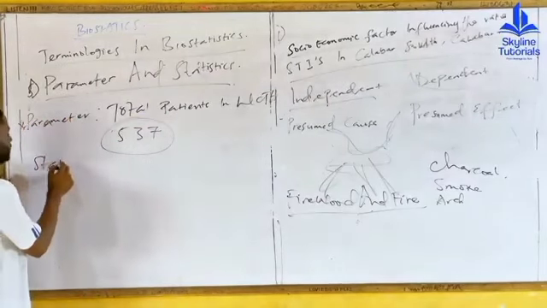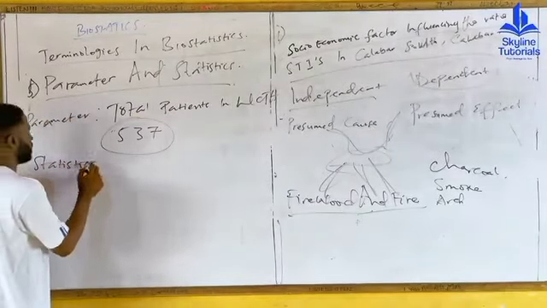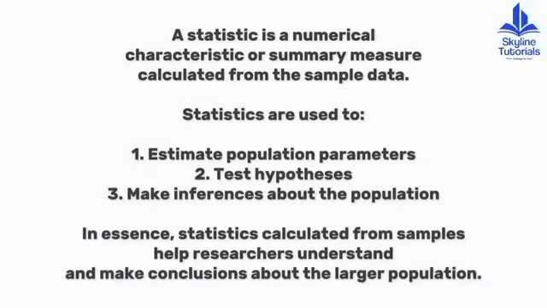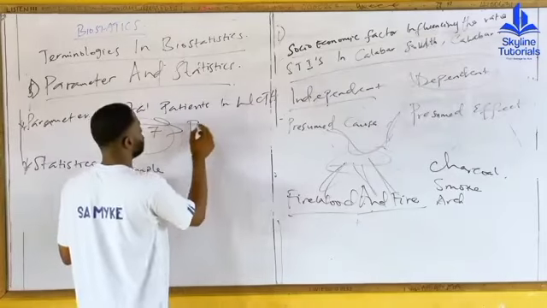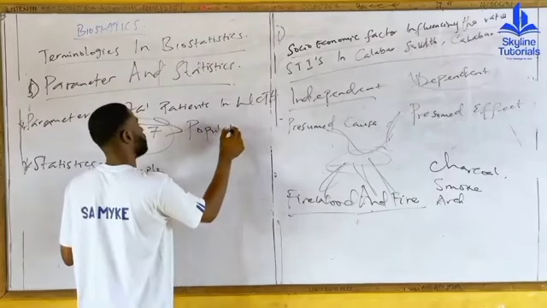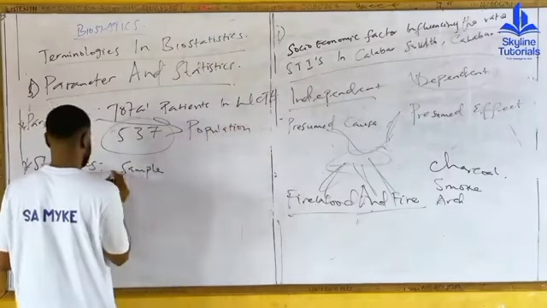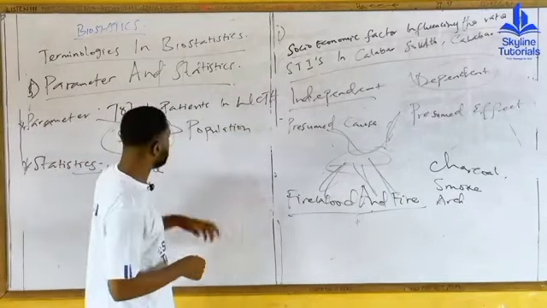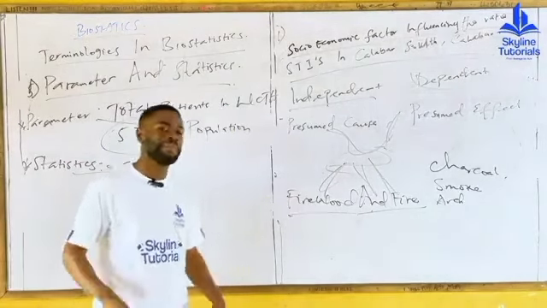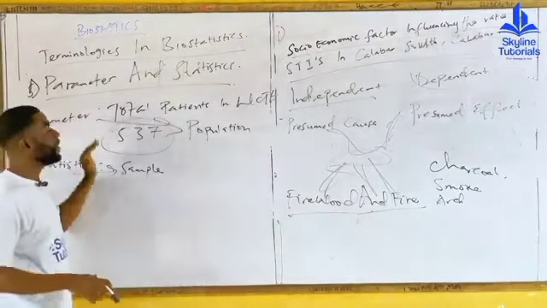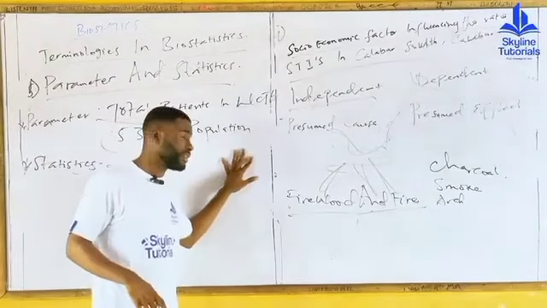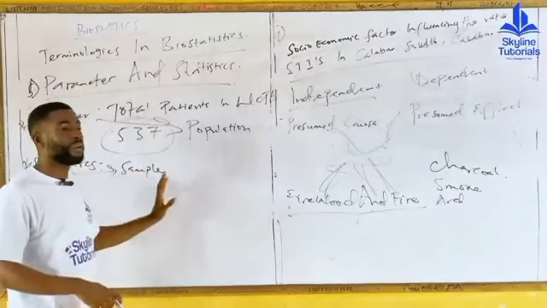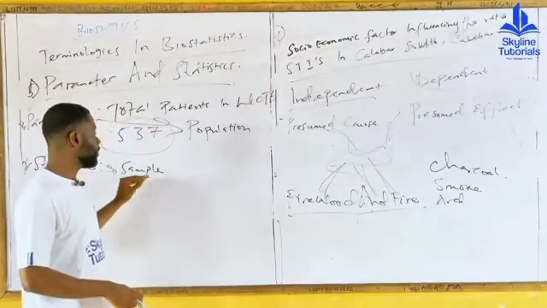For statistics, it is referred to as the numerical value of a sample. As parameter is to population, so is statistics to sample. PPSS. Parameters are numerical values of population, and then statistics are numerical value of a sample.